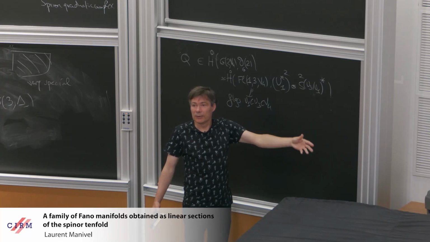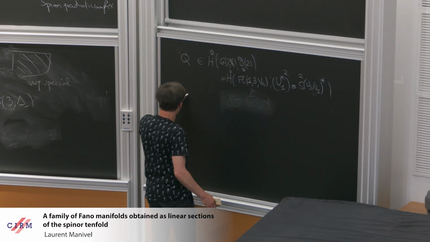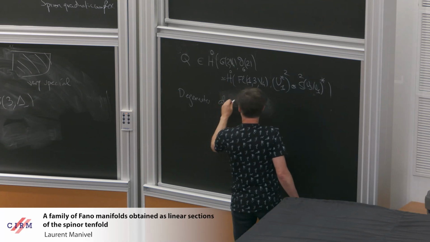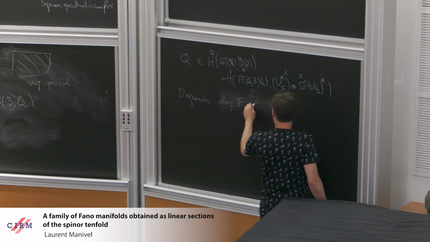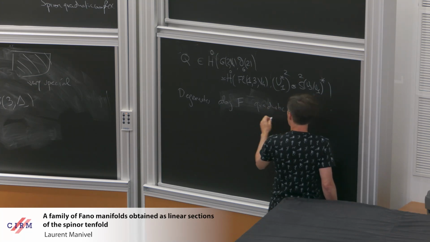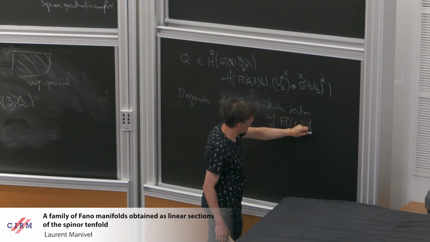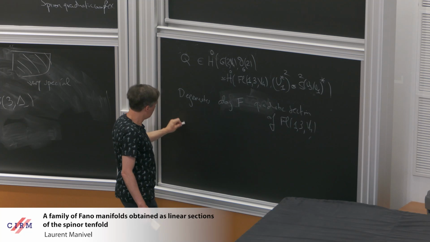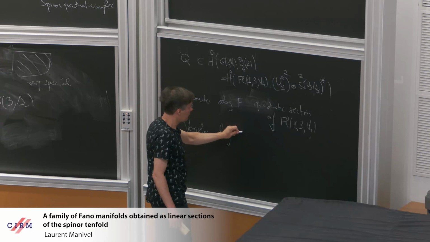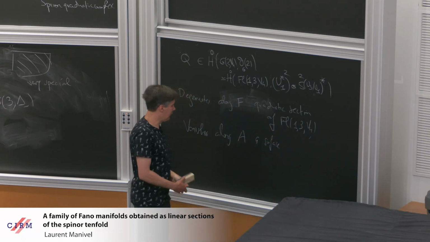It can degenerate, it can become 0. Okay, so it degenerates along F, which is a quadratic section of the flag manifold. And it is 0 along a surface. So the flag is dimension 5, you get a surface.